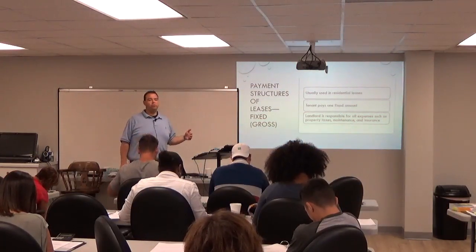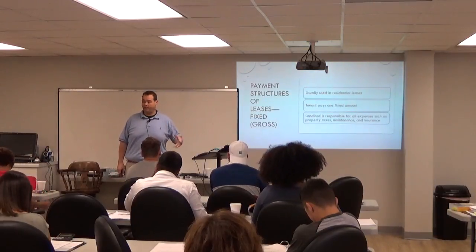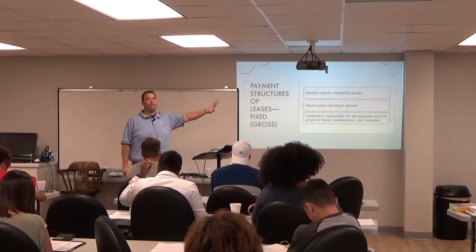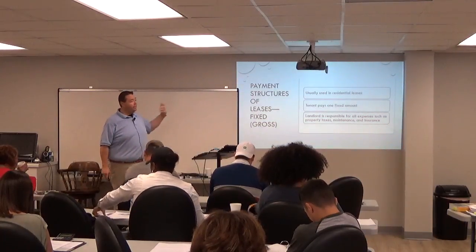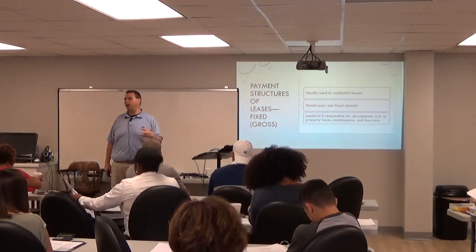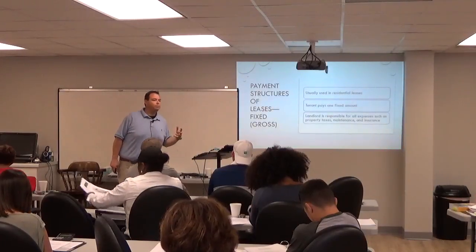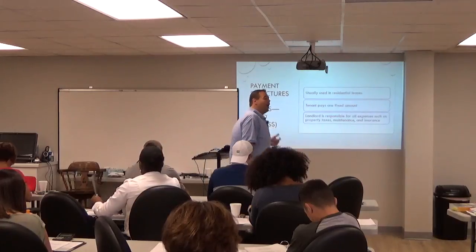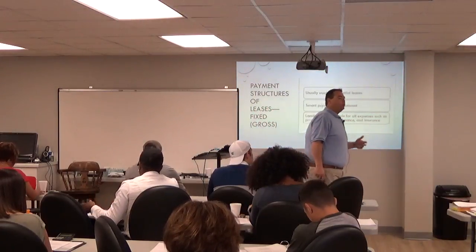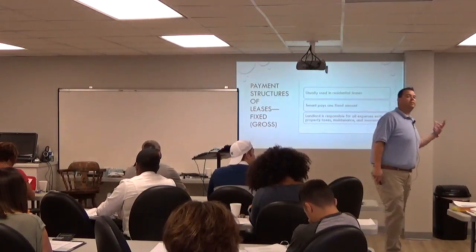Now we want to get into how the rent payment is structured. What differentiated those? How they ended. This is about how they operate while they're going on. This is about what kind of lease you have while the lease is in effect. How you pay rent. What does your rent include? What does it not include?